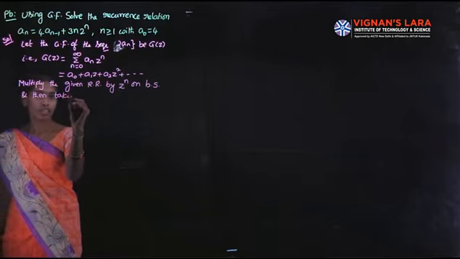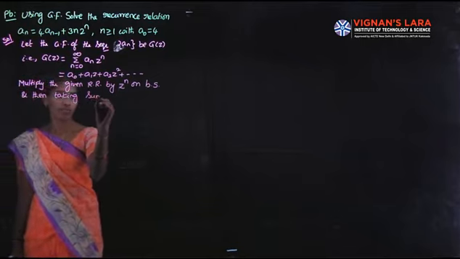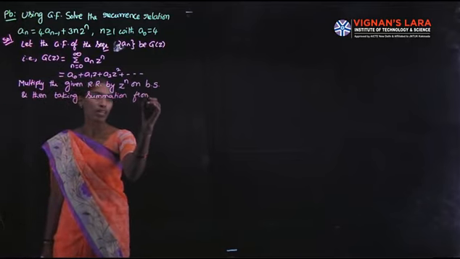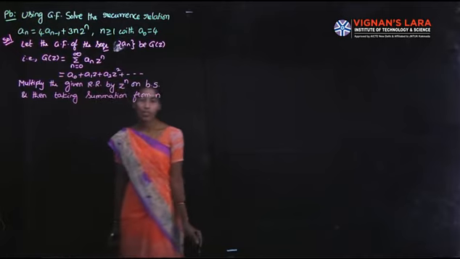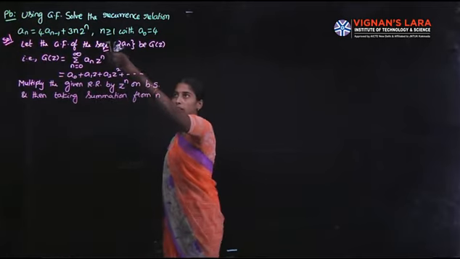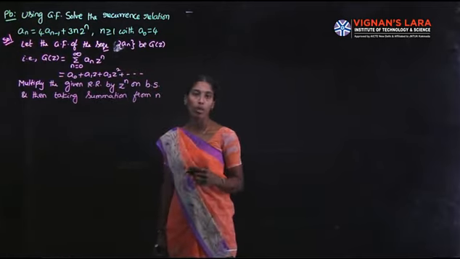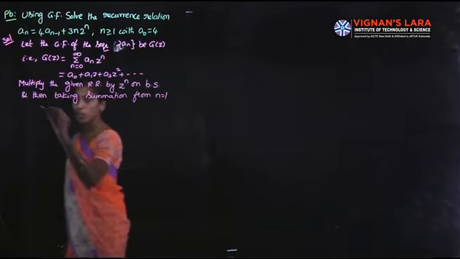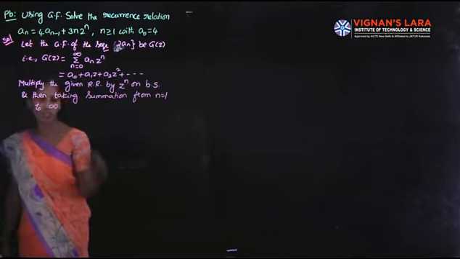Then taking summation from n equal to, what is the value for n in this sum? n is greater than or equal to 1, so the lower limit for n is 1, from n equal to 1 to infinity.